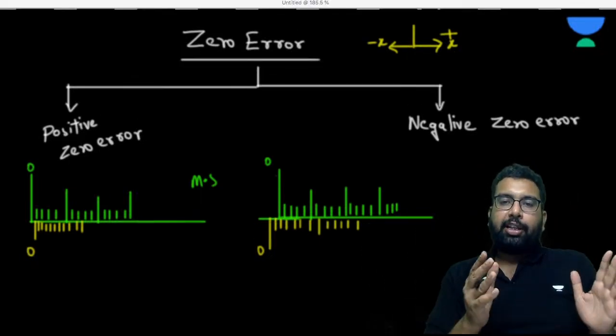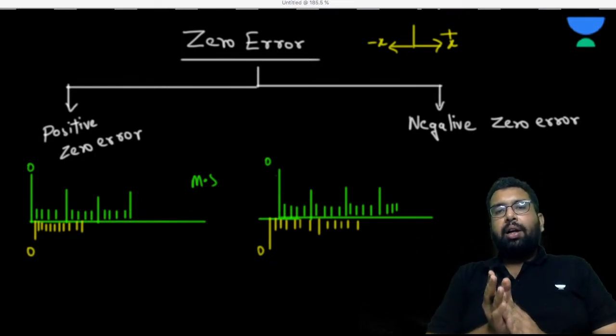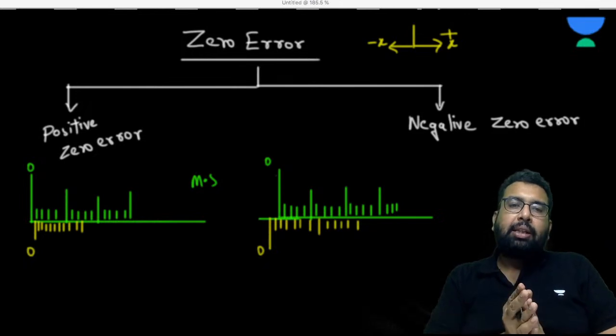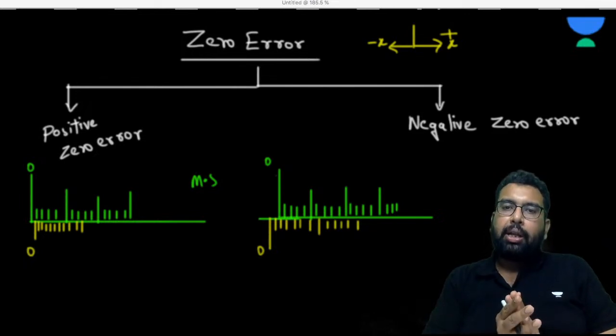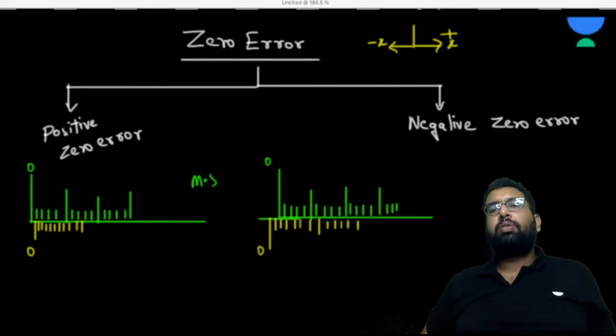So if the zero of the vernier scale is ahead of the zero of the main scale, this is what we call positive zero error. If the zero of the vernier scale is behind the zero of the main scale, it is negative zero error.